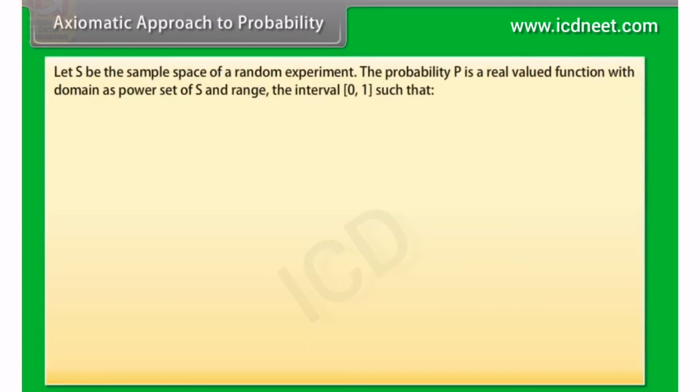Axiomatic approach to probability. Let S be the sample space of a random experiment. The probability P is a real-valued function with domain as the power set of S and range the interval [0, 1], such that: 1. For any event E, 0 is less than or equal to P(E), which is less than or equal to 1. 2. P(S) is equal to 1. 3.